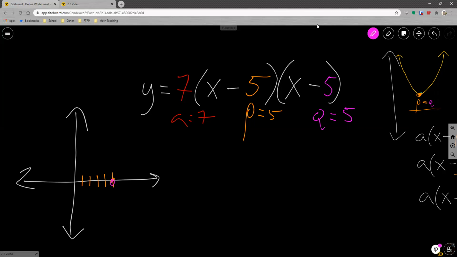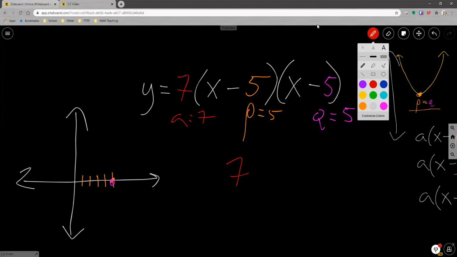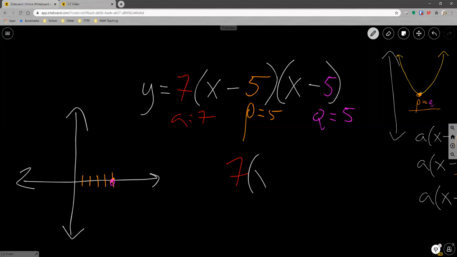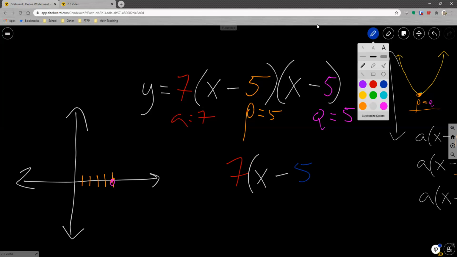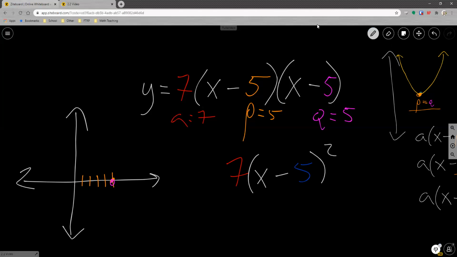They're both intercepts because it's intercept form, which means then I could rewrite this function, because they're both the same, as 7 times x minus 5 squared, which now makes it the same as my H value. H equals 5 from vertex form.